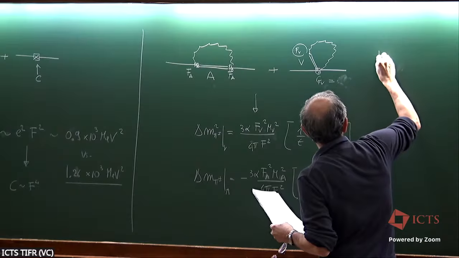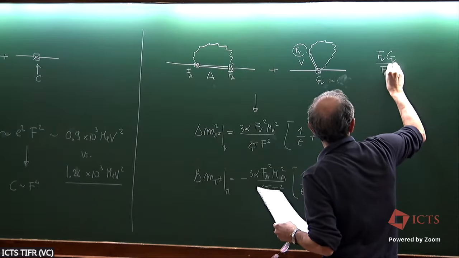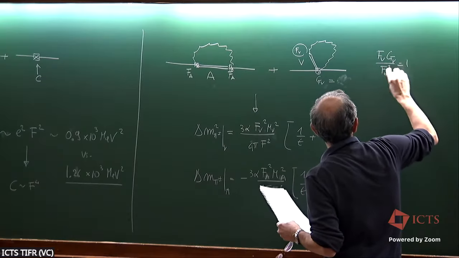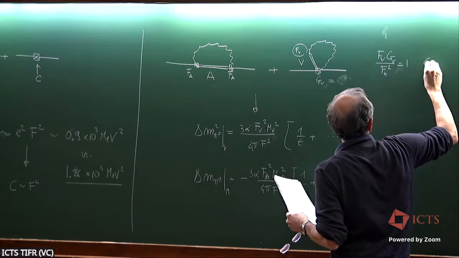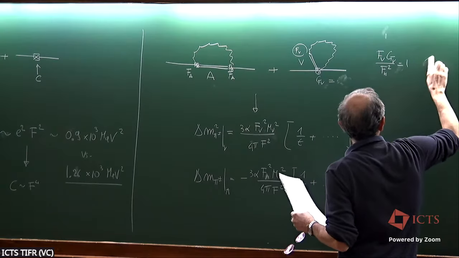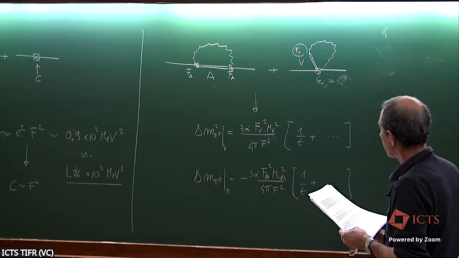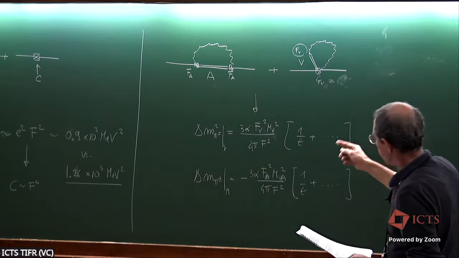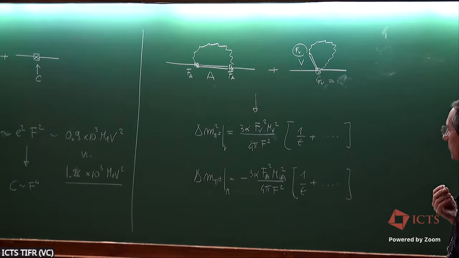We know that FV GV divided by F pi squared is 1, so we can express GV in terms of FV. Anyway, you get this plus finite term.